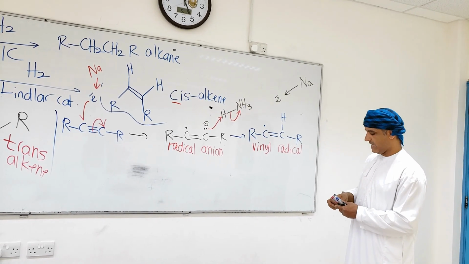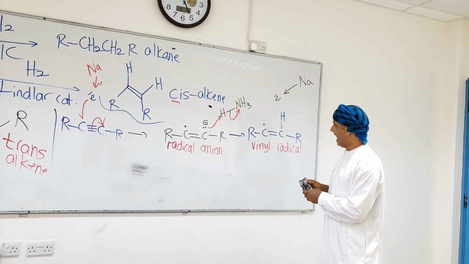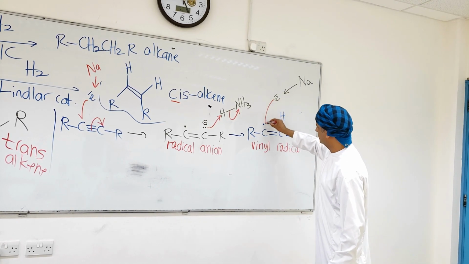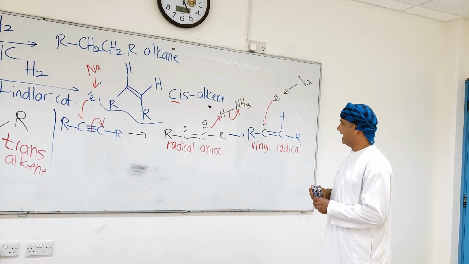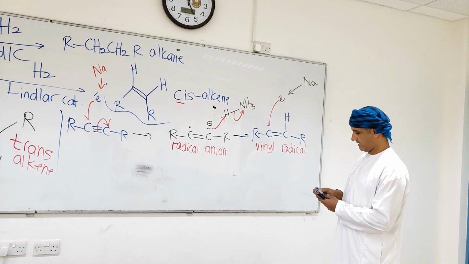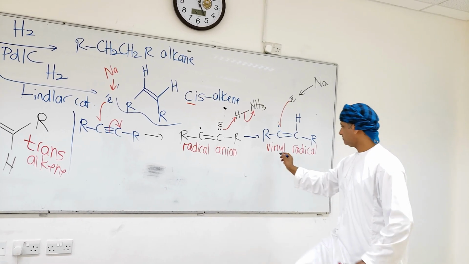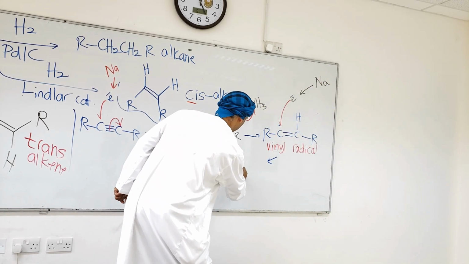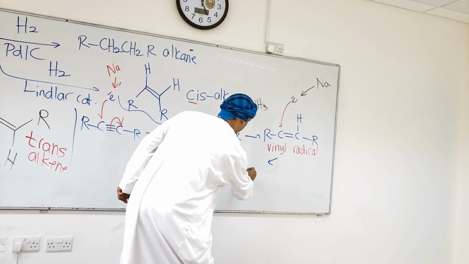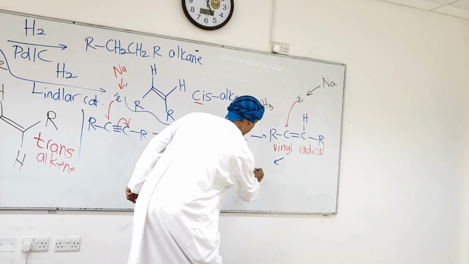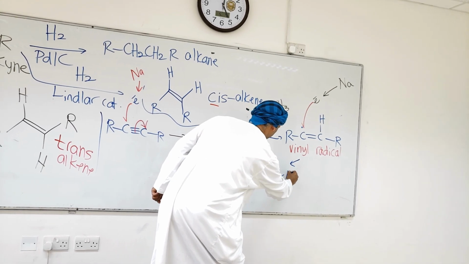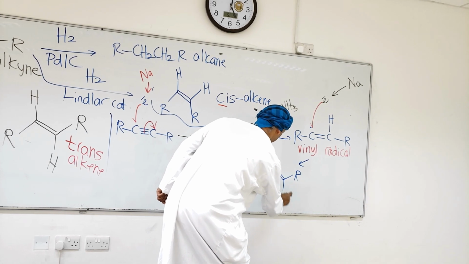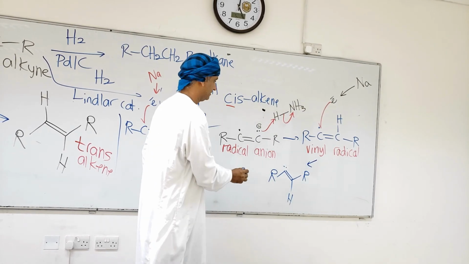So this electron will now add to that carbon to make an anion. And this anion can be drawn like this.